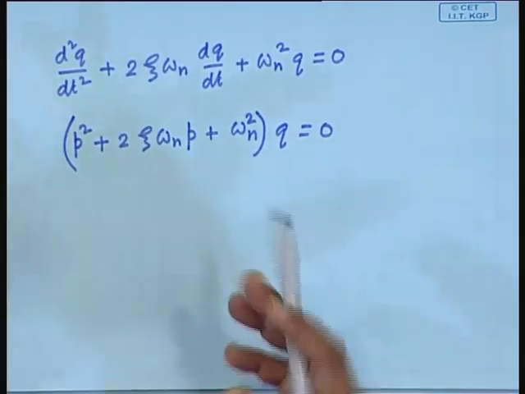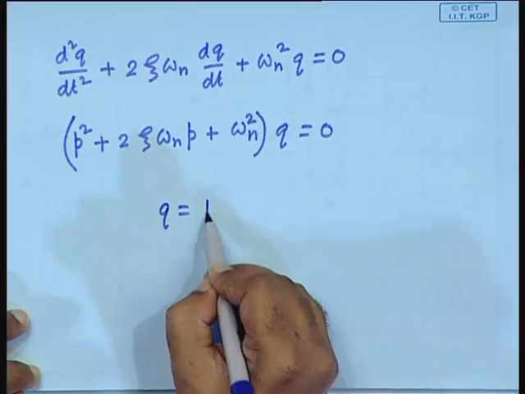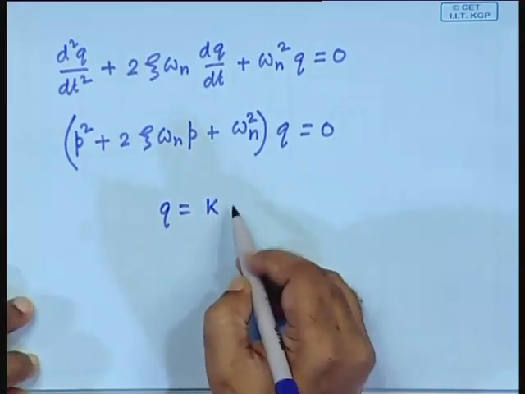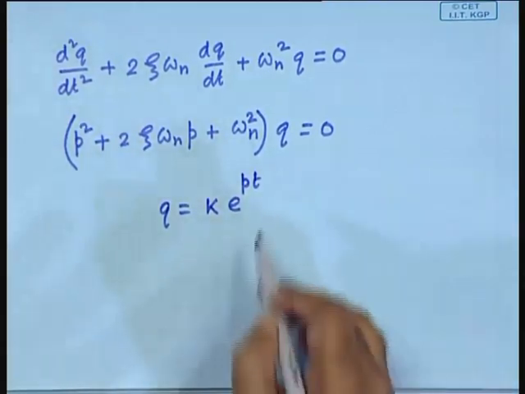And what is the function that you know which has this property, that its derivative and double derivative have the same form? It is the exponential. So, in general the solution would be some number times e to the power of some kind of exponential.